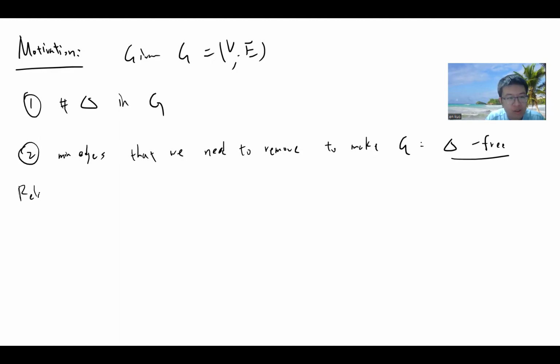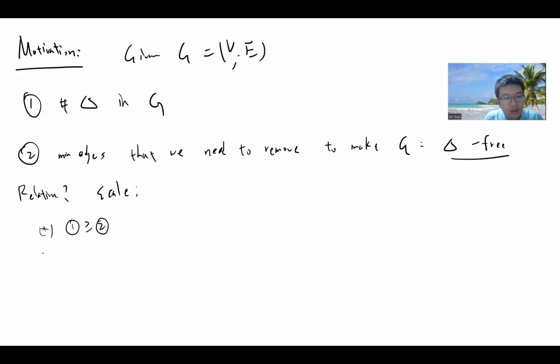So the relation, or basically the scale. The obvious, trivial fact that we know is that 1 is greater or equal to 2, right? Because let's say we have 100 triangles, then I can take every triangle and remove one edge, and this will make the graph triangle free.